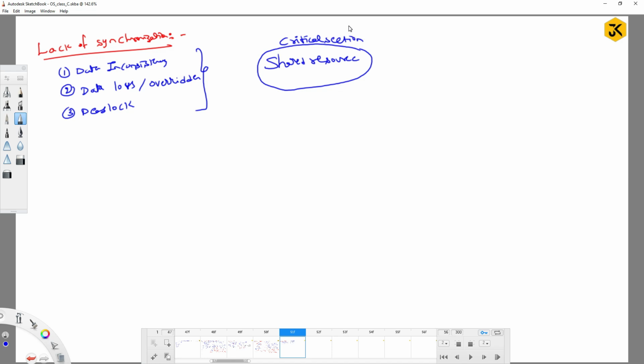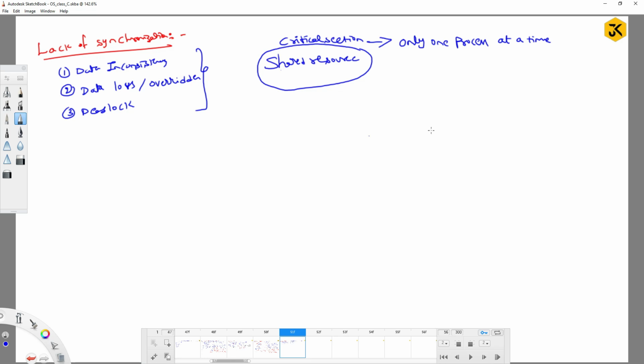How are we going to eradicate them? What is the general meaning of critical section? A critical section allows only one process to execute at a time on the shared resource.